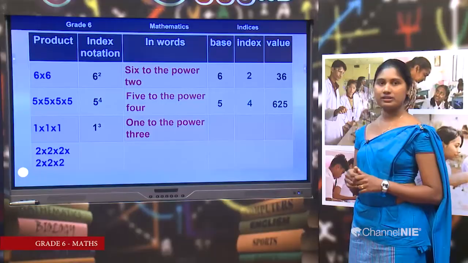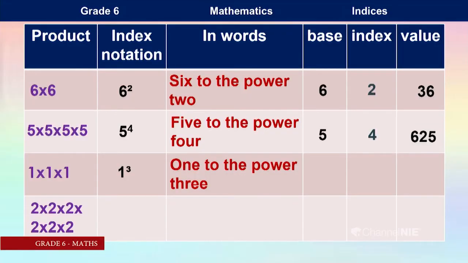Let's see. 1 to the power 3 and base is 1. What is the index here? Can you tell me? That is 3. Then the value, I told you when 1 is multiplied any number of times, any index, that is again 1. Here 1 into 1 is 1, again 1 into 1 is also 1.